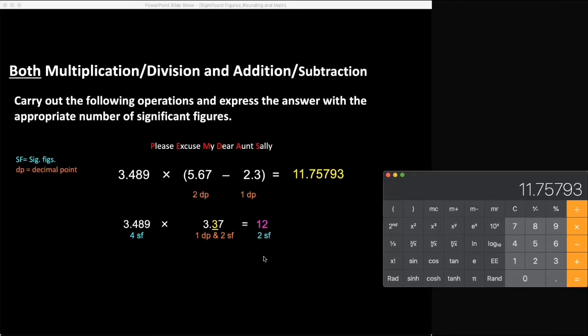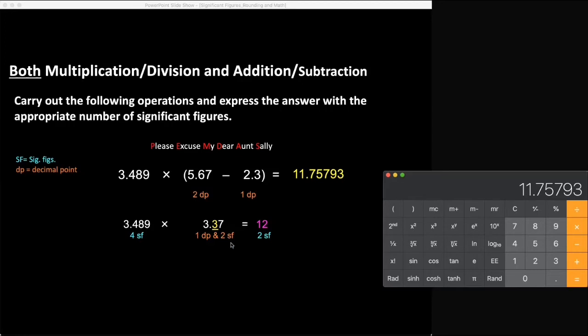Now I need to do rounding and give my answer in significant figures. So 3.489 has 4 significant figures. And then we said earlier, when we subtracted, we want it to go to just 1 decimal place. So 3.3 are the sig figs that we're looking at here.